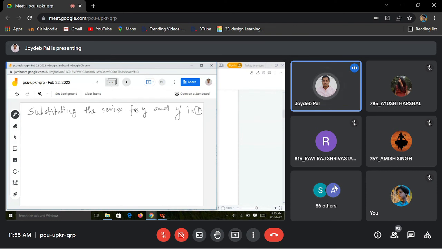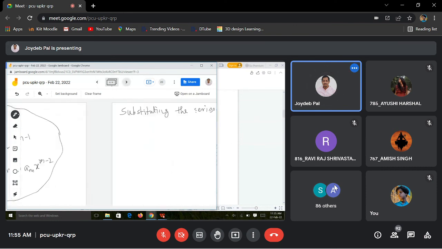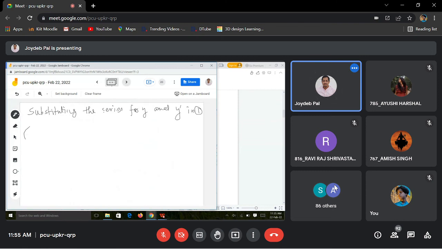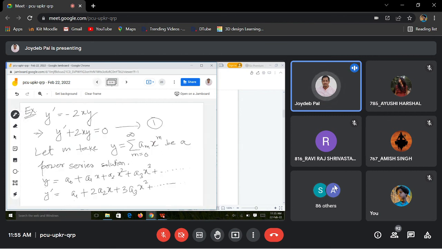Okay, now 1 में put करो y dash. So y dash is what? a1 plus 2a2x plus 3a3x square. I'm writing one more term, 4a4x cube and dot dot dot. That is the series for y dash. And next, plus 2xy.